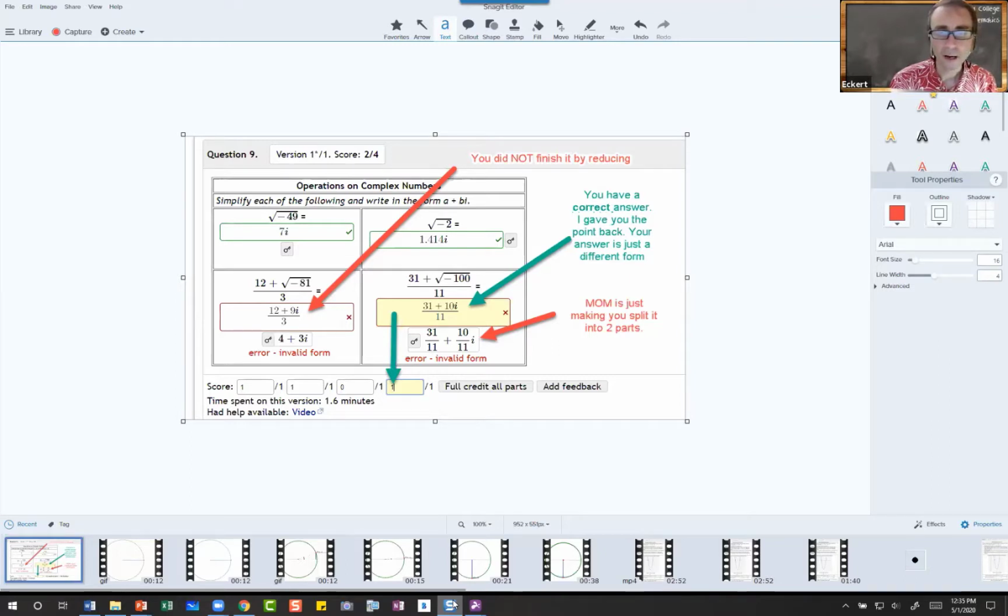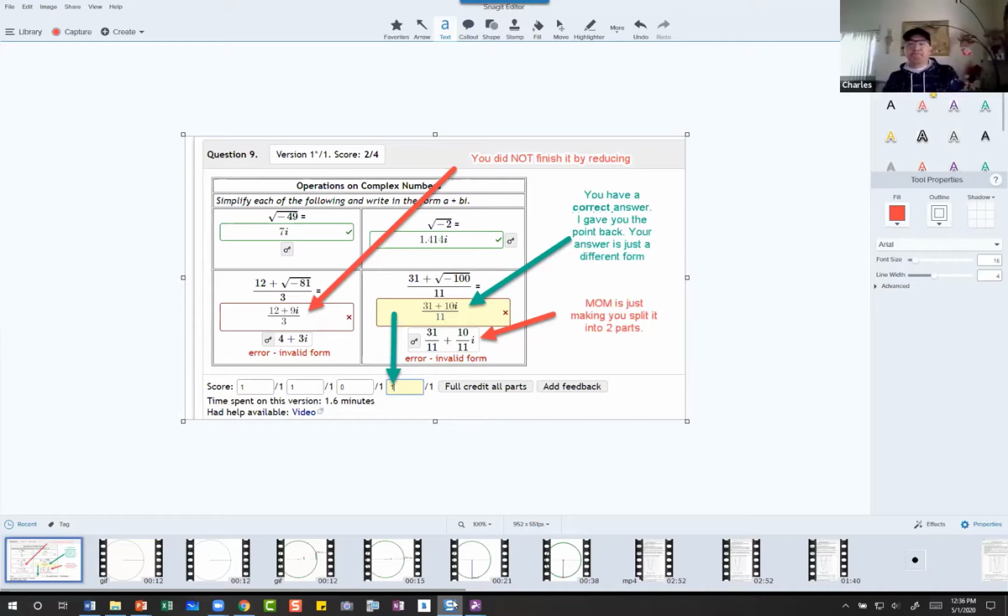I don't know if you can see the green arrows and the yellow box. The yellow box is Rhiannon's answer, and it's technically a correct answer. So I actually gave her a point back, but mom didn't like it because mom wants you to go ahead and split it into two fractions.